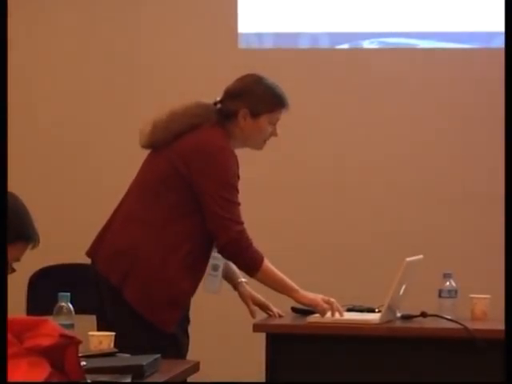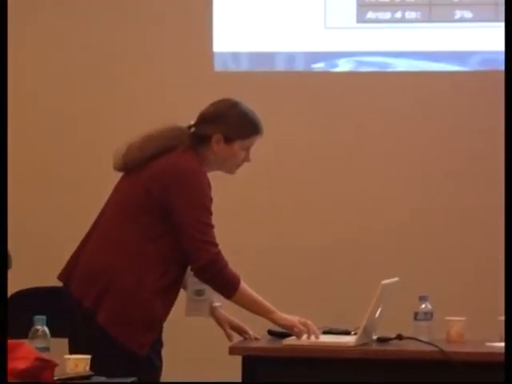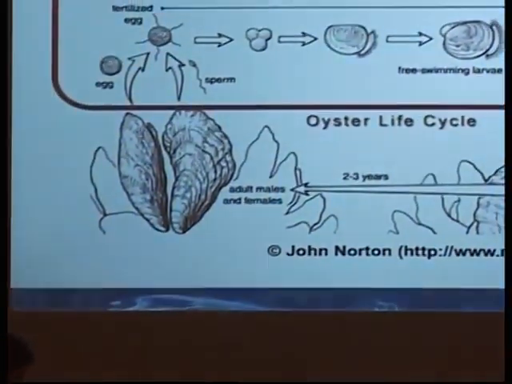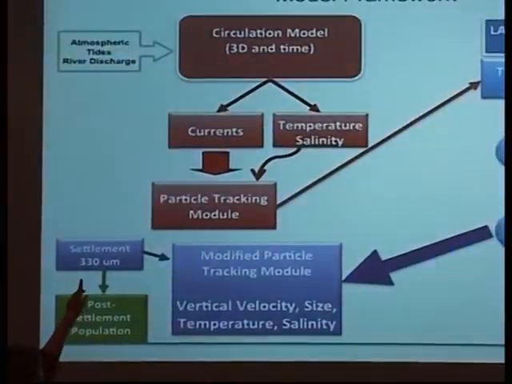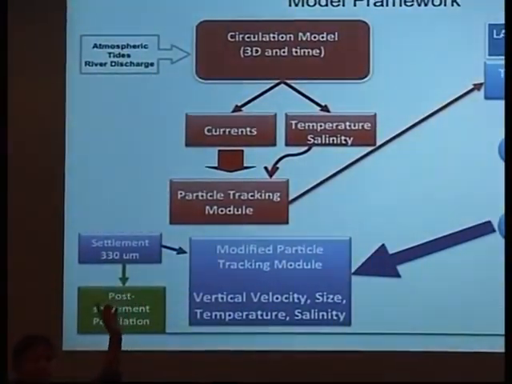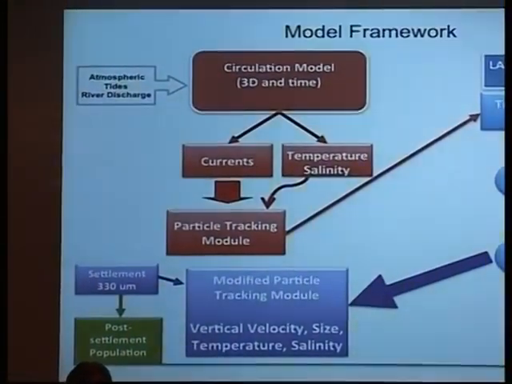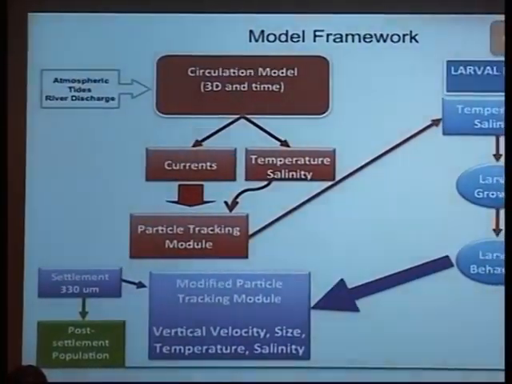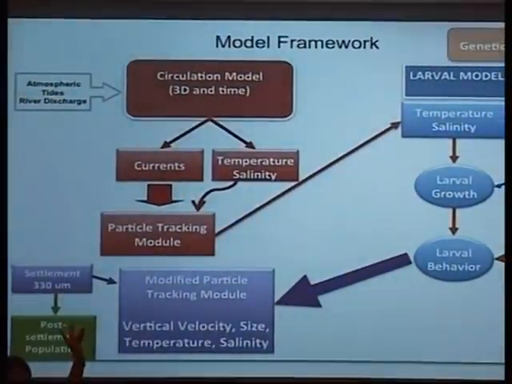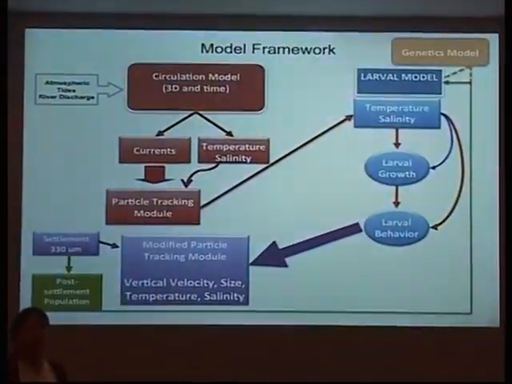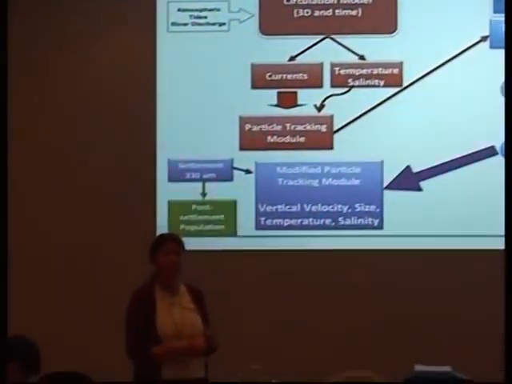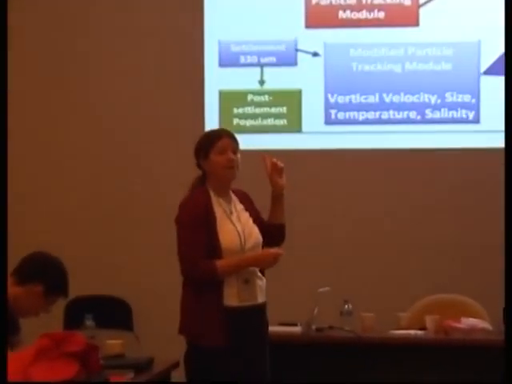Okay. The circulation model there gives the environmental temperature and salinity. It also has, which I don't have on here, a lower trophic level model in it, so it gives a dynamically evolving food field. It could also have oxygen in it.